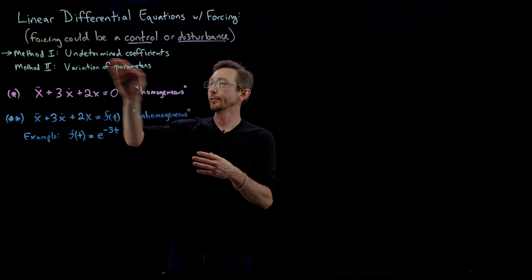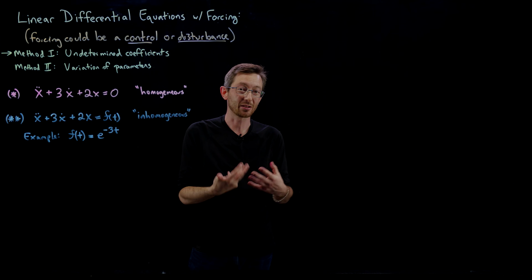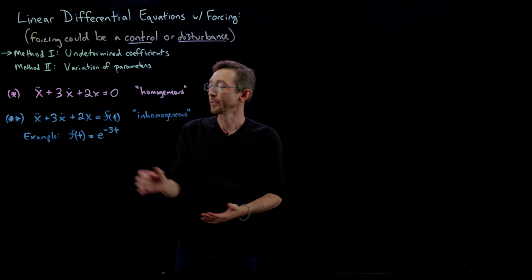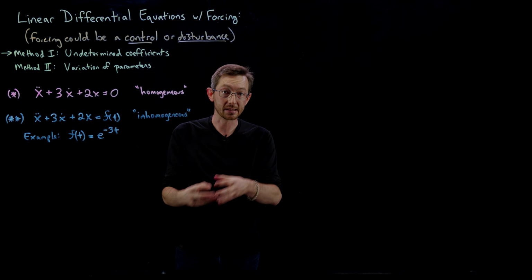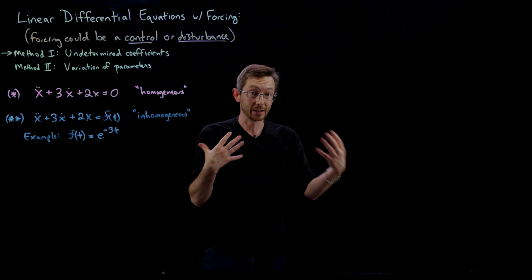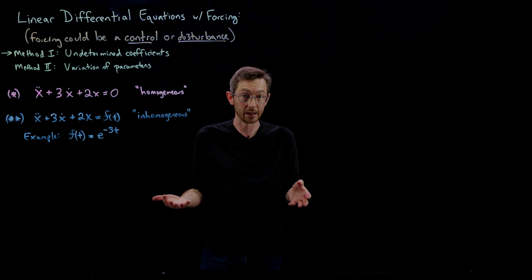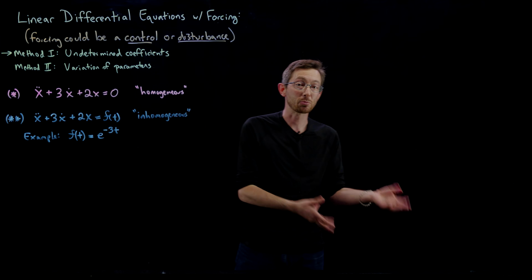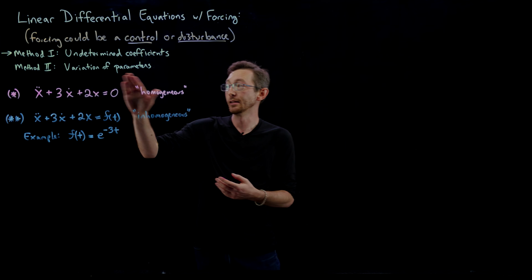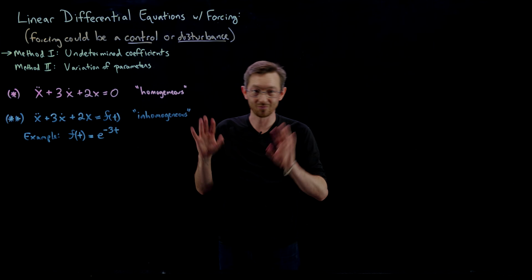So this method here of undetermined coefficients is going to work particularly well, and it's going to be easy when this forcing is one of those simple building blocks of a linear system, an exponential function or a sine or a cosine. And when it's something much more general and nasty, you're probably going to need variation of parameters. Okay, that's just heads up.